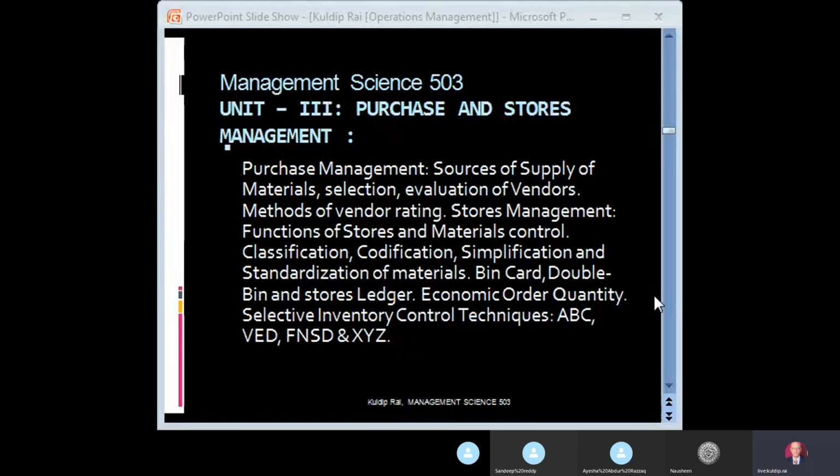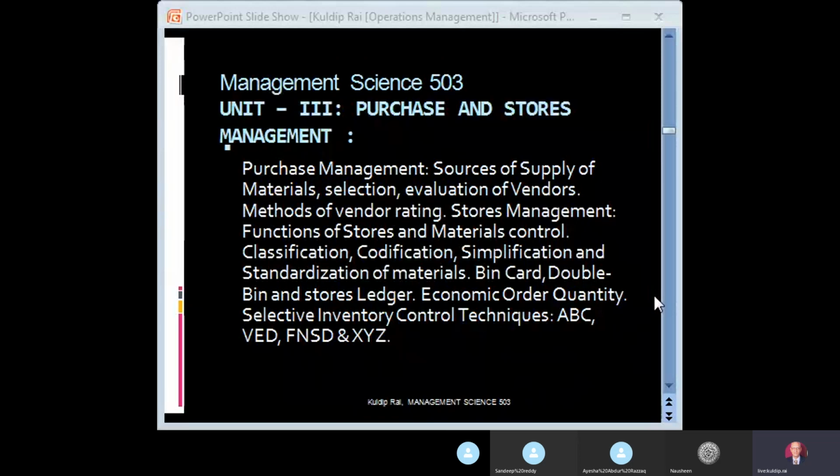All these activities: sourcing of suppliers, evaluation of vendors, placement of orders, monitoring of the orders, arranging payments for the supplies made and services supplied, and finally maintaining a record of vendor rating.